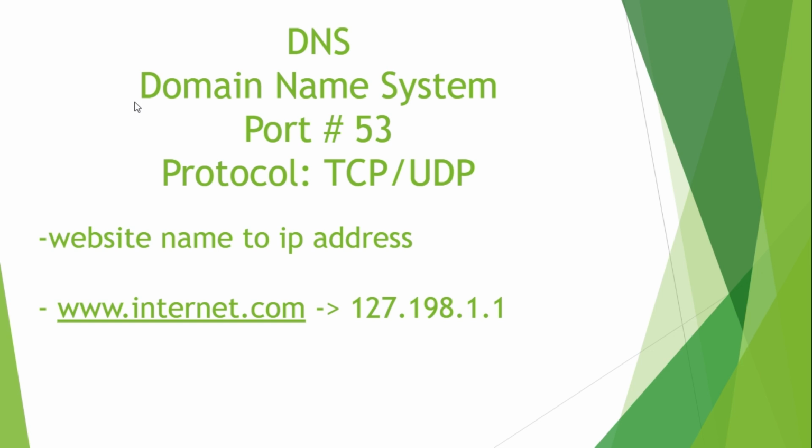DNS stands for Domain Name System. This is port number 53. The protocol is TCP and UDP. Out of all of them that we've talked about thus far, this one's the first one where you're actually using both TCP and UDP. The reason why you would use both TCP and UDP is because an application has a lot of things going on in the background. It has a lot of processing.